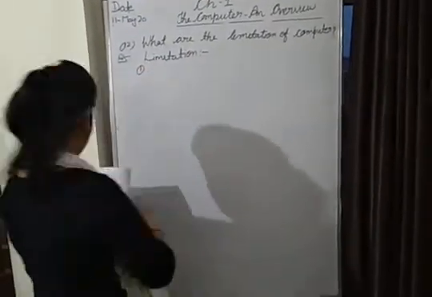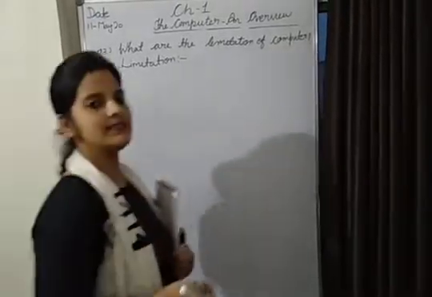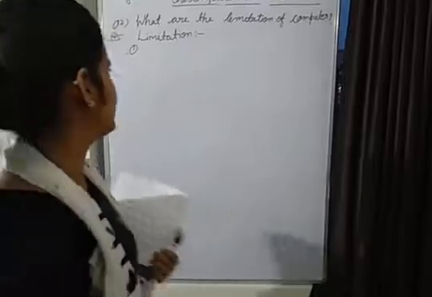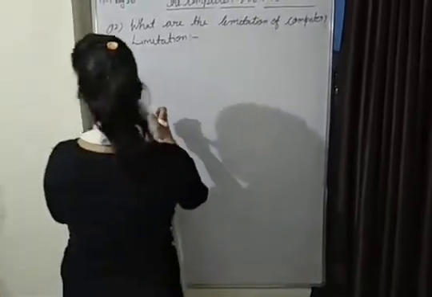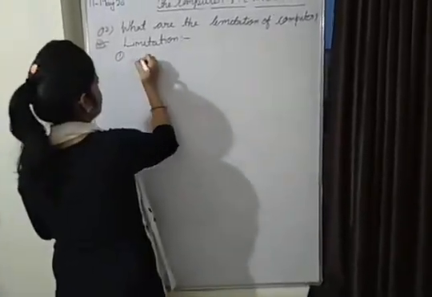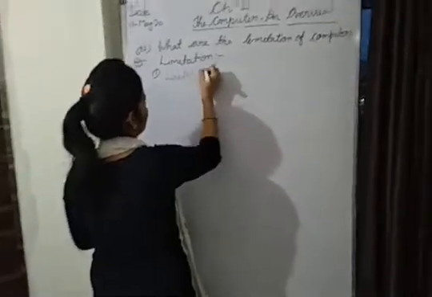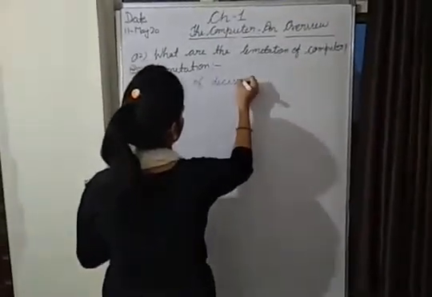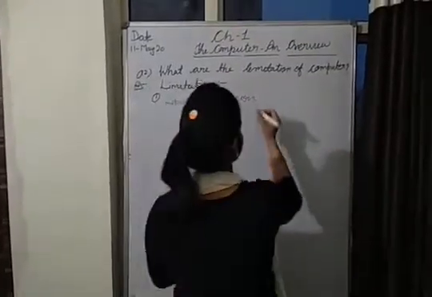So first one is lack of decision making ability. Means computer does not take decisions on its own. Means computer अपने आप कोई भी decision नहीं ले सकता है. Lack of decision making ability.